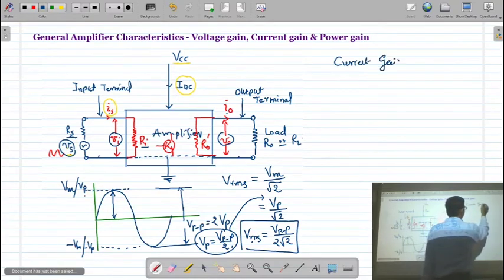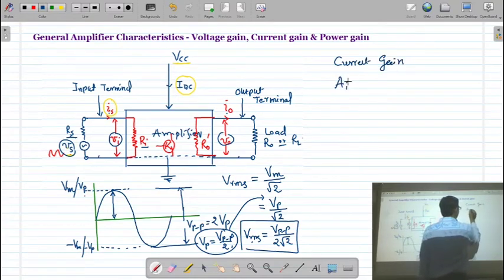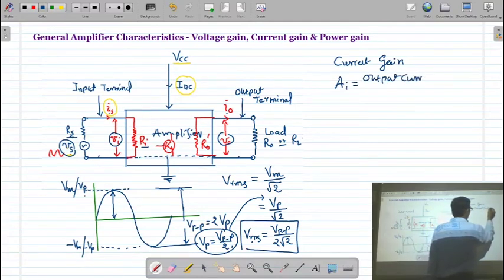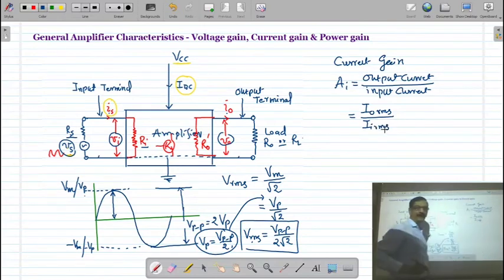But the current gain is represented as AI, and that is the ratio of what? Output current divided by input current. So here we have to consider the RMS value of the output current and the RMS value of the input current.